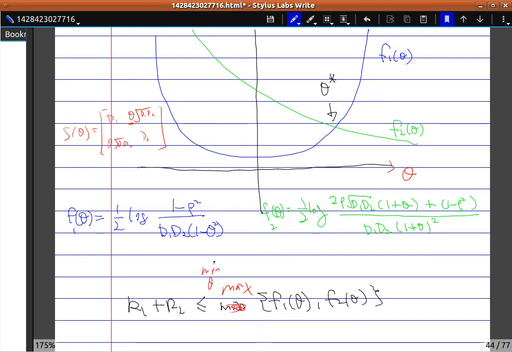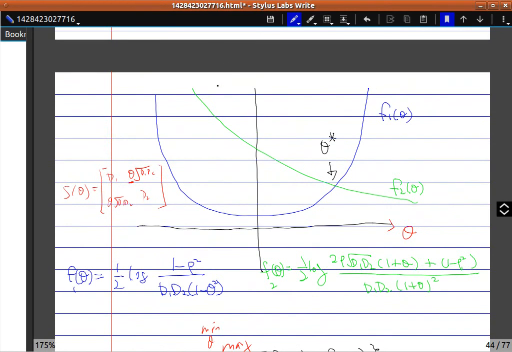Because we need to satisfy both bounds, it should be maximized over theta. So eventually the sum rate has to be bigger than or equal to this, and we are interested in this point here.